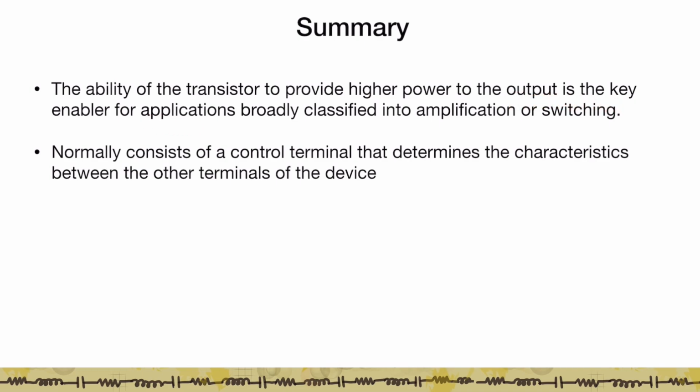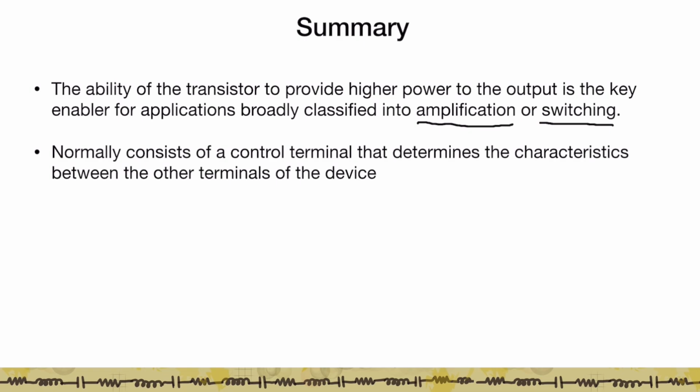And as I pointed out, applications are broadly classified into 2. You have the application of amplification or the application of switching. And again, we will look at exceptions to all this subsequently.